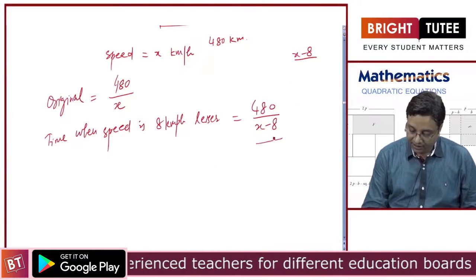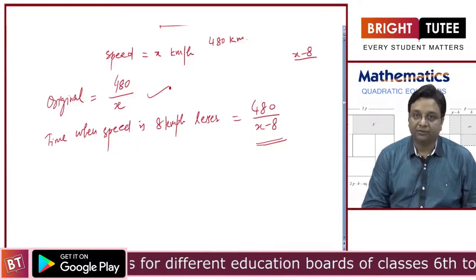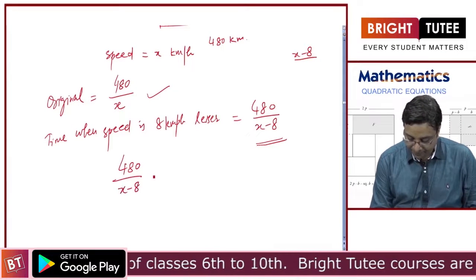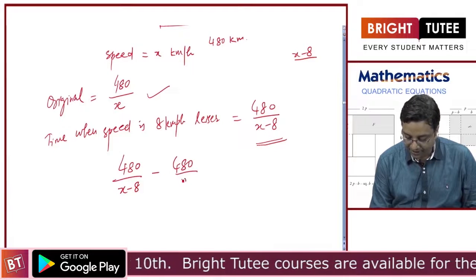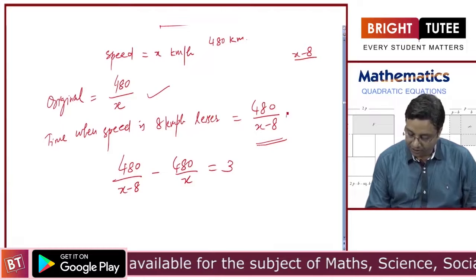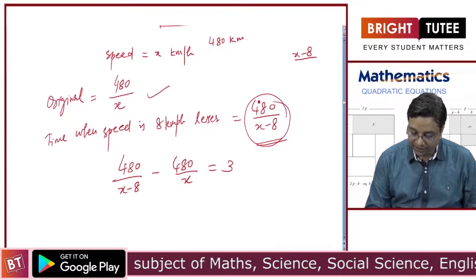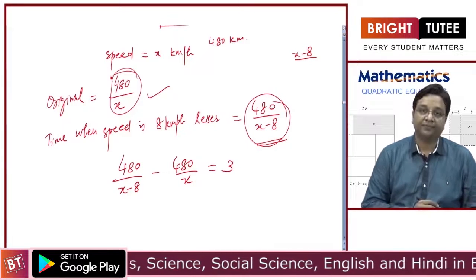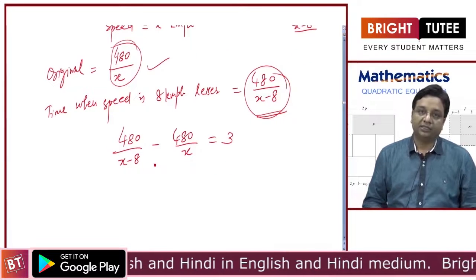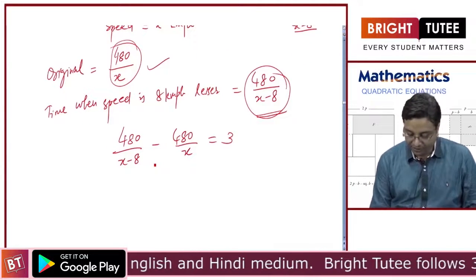So this time is 3 hours more than this one. So if I subtract 480 by x, it will give me 3, right? Because this was 3 hours more than this one, right, as per the question. So now if I solve this, it will be the quadratic representation.